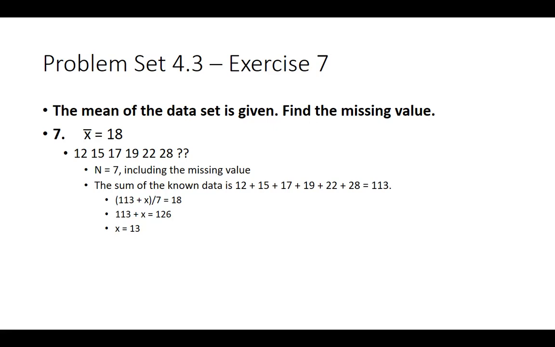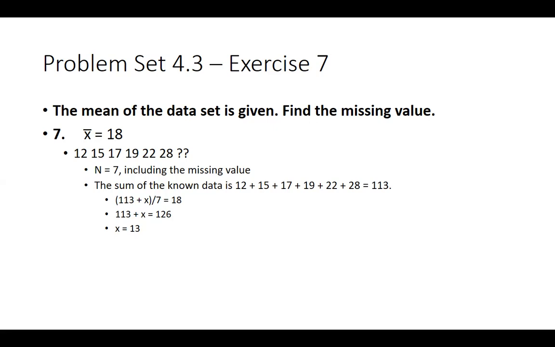The mean would be all 7 added together divided by 7. If we add up the 6 that we know, 12 plus 15 plus 17 plus 19 plus 22 plus 28 gives us 113. So 113 plus the unknown, we'll call it X, divided by 7 must equal 18.